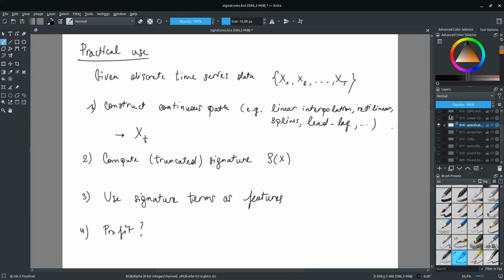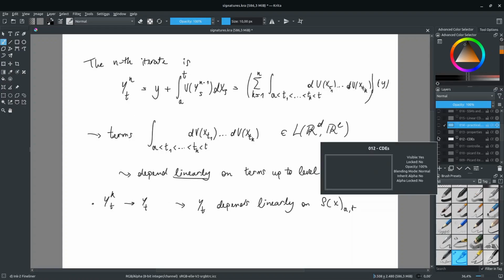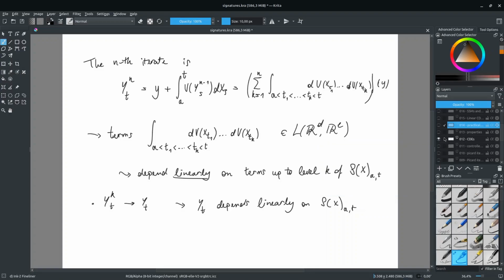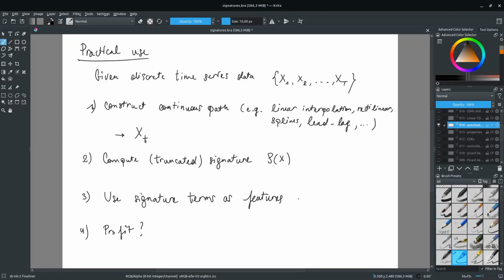And because of this property, that the signature terms form a basis for the space of functions of your paths, if you use the signature terms as features, you only need a linear combination of them to get any function. So that's the general idea.